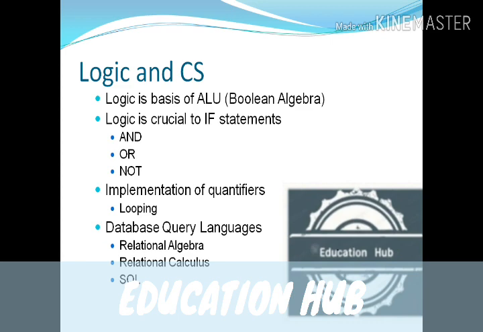Logic basics of ALU, the crucial if statement, and or not, implication, implementation of quantifier, that is looping, and database query language, that is relational algebra, relational calculus or SQL. Everywhere in CS we need the logic of propositions. I already told you it will be implemented there. These all are necessary. You can follow the screen also.